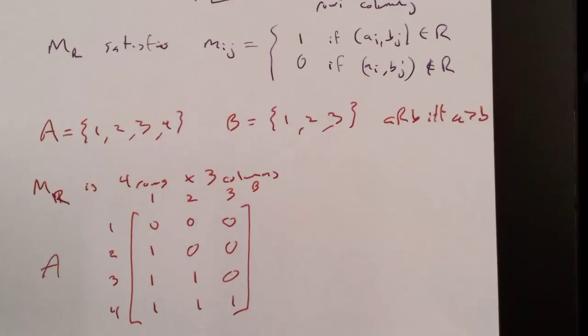If my relation is on a set, then something nice happens to the size of my matrix.